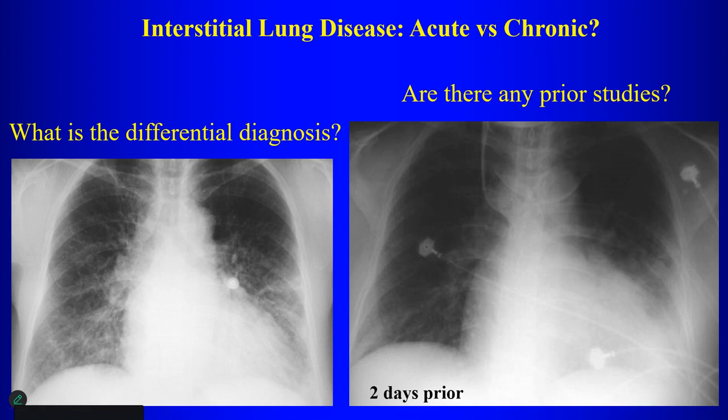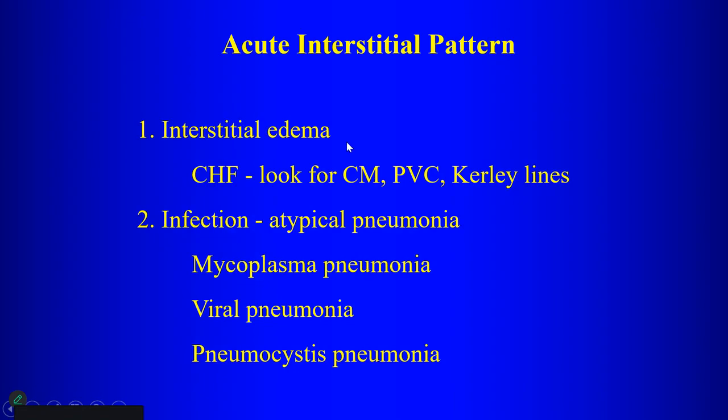What else is in the differential for acute interstitial disease? What kind of pneumonia? Atypical. Yeah, so atypical pneumonia. So those are the two major things that are probably in your differential for an acute interstitial pattern, interstitial edema or atypical pneumonias.